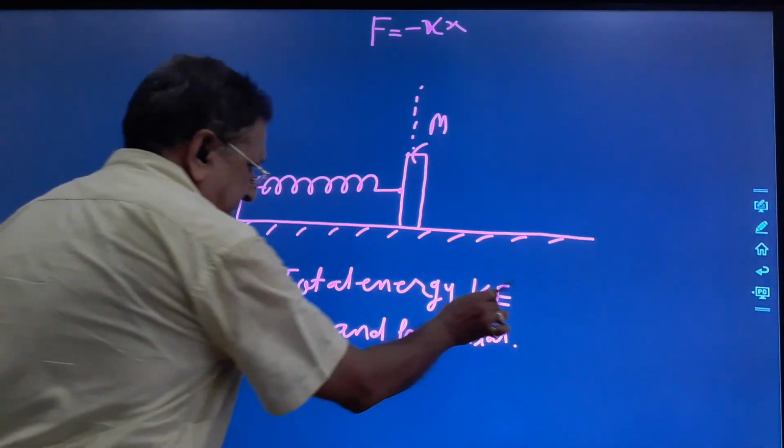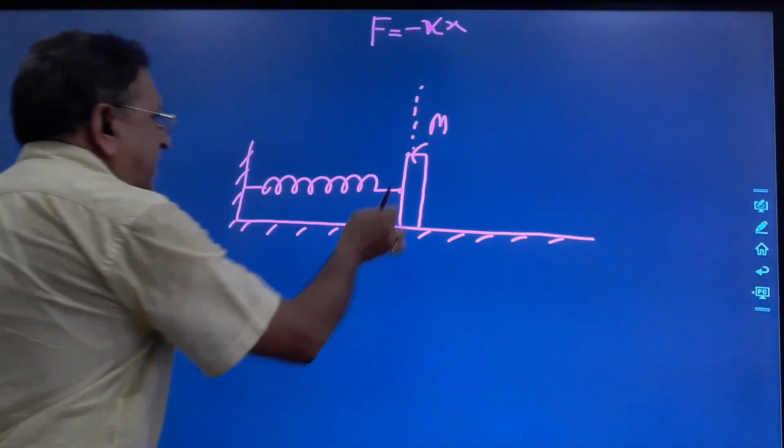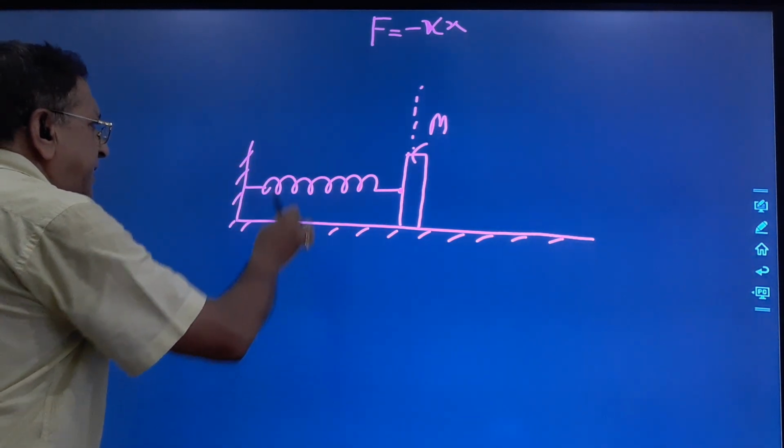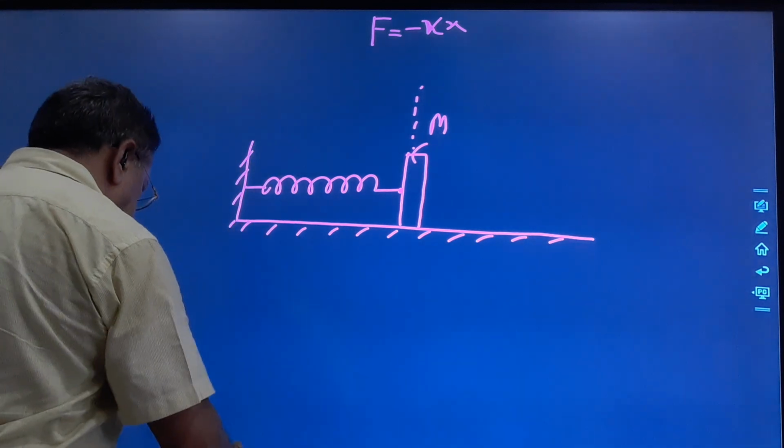Let a mass capital M be connected at one end of the spring, and the other end of the spring is fixed.